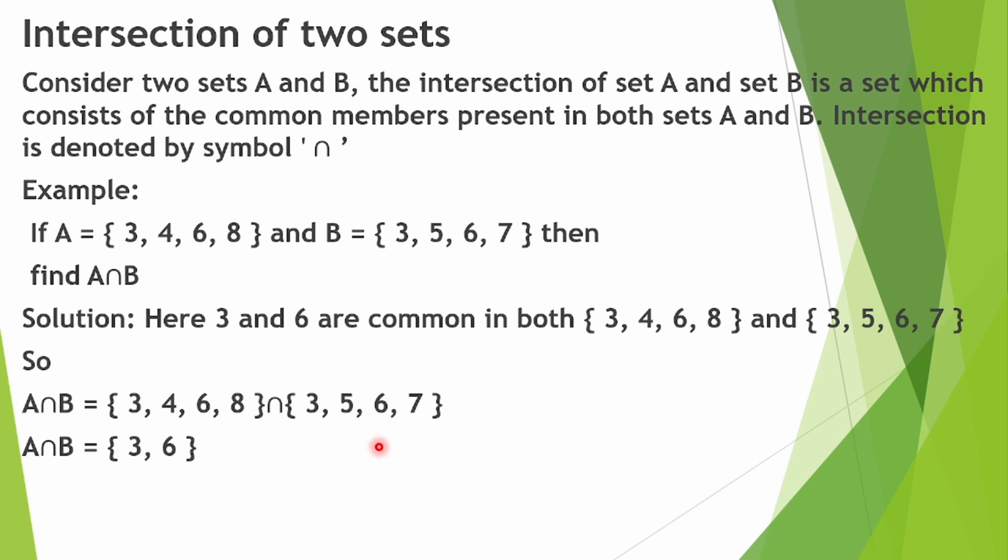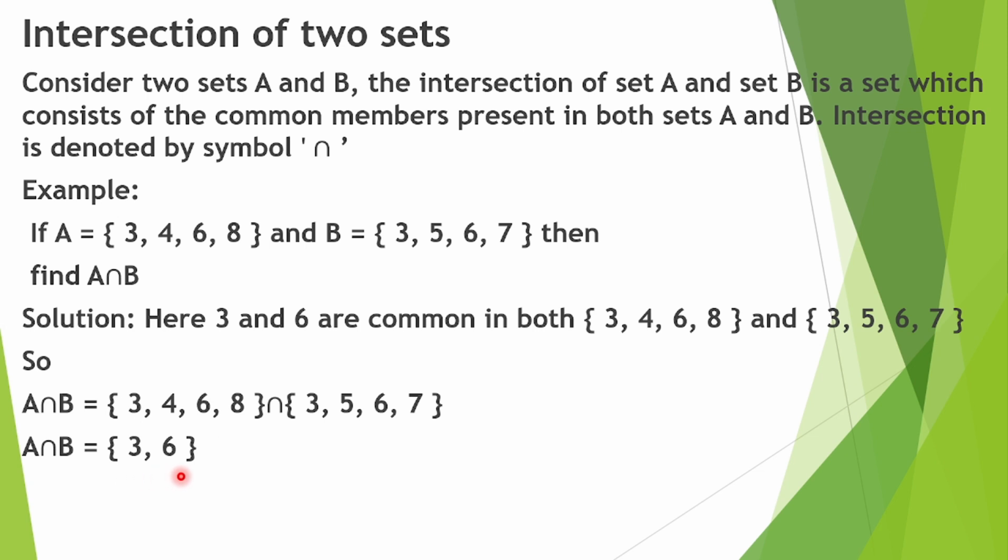So now we will find the common elements which are present in both set A and set B. If we look over here, 3 is present in both. 4 is here but not here, so it is eliminated. 6 is here as well as here, so 6 is included. 8 is here but not here, and 7 is here but not here.